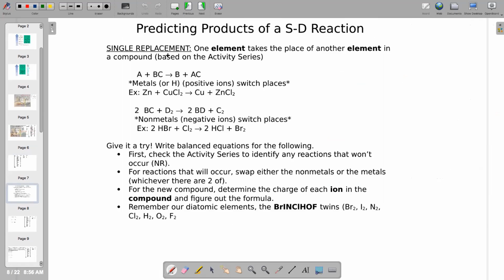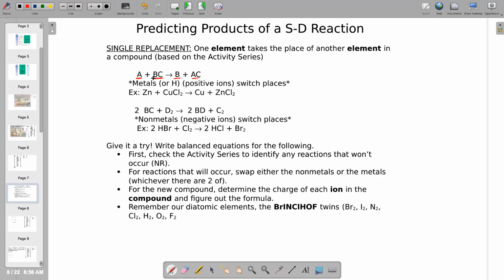So in a single replacement reaction, generically, you've got some kind of an element that's by itself, in this case, element A, and it reacts with some kind of compound with elements like BC, or it could be element B and polyatomic ion C, and A would replace B, making B plus AC, and that happens if A is above B on the activity series.